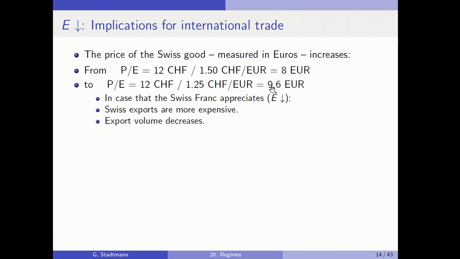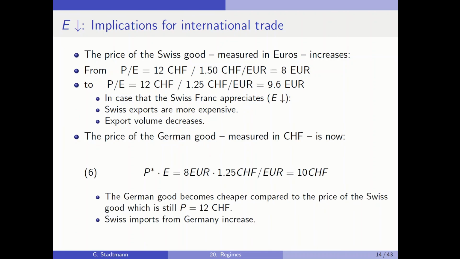But now the exchange rate decreased to 125, and hence the price of the Swiss good measured in euros increases to the level of 9.6. So in case the Swiss franc appreciates, in case the exchange rate decreases, Swiss exports are more expensive, and therefore the export volume decreases.